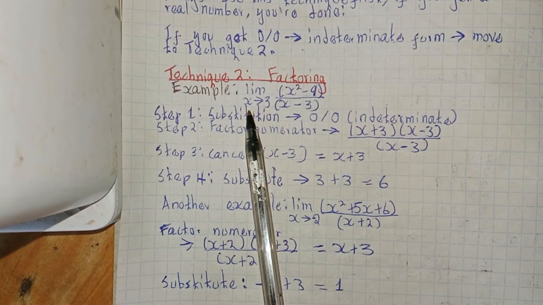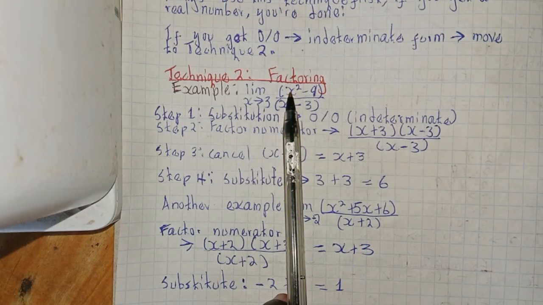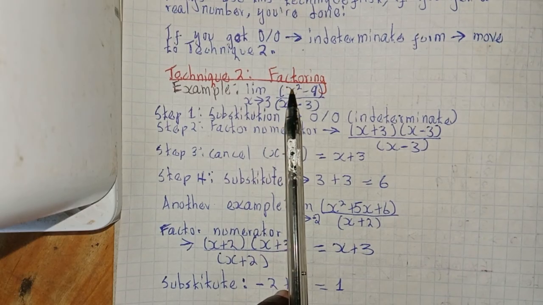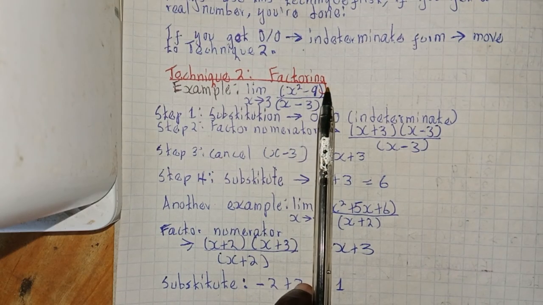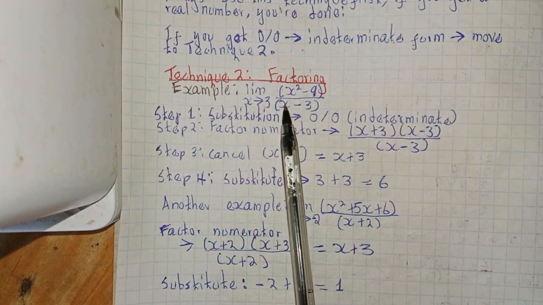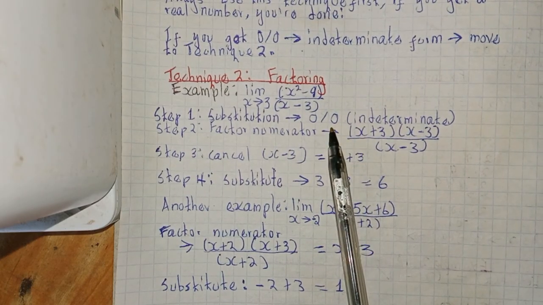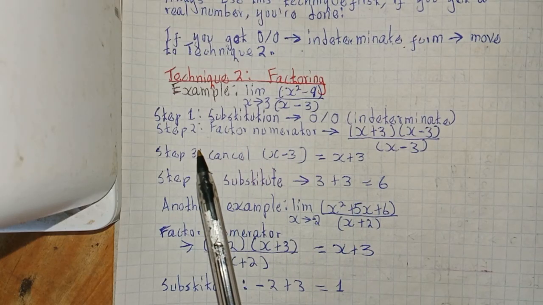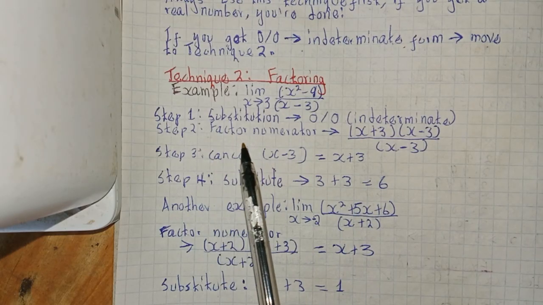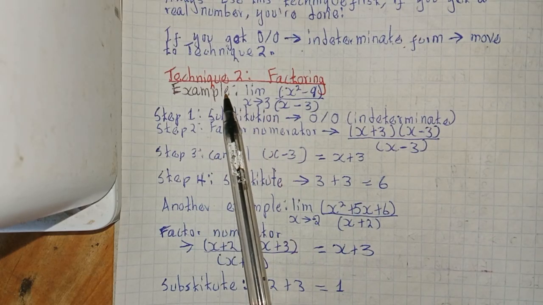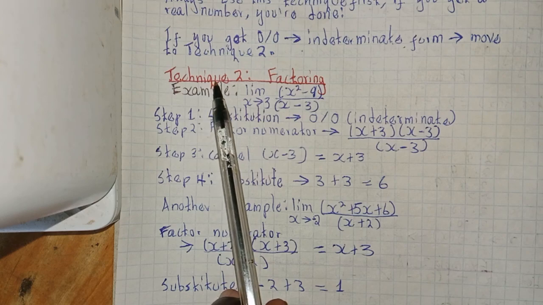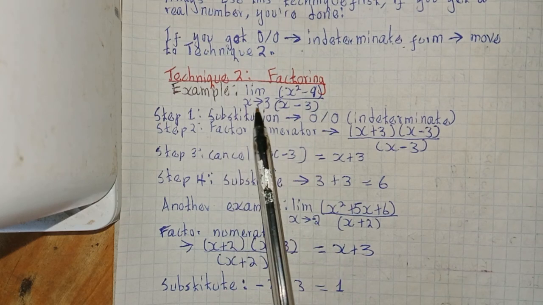If we put in 3, 3 squared minus 9 will be 0, and 3 minus 3 will be 0. So 0 over 0 is indeterminate. We will have to move to the second technique, which is factoring.